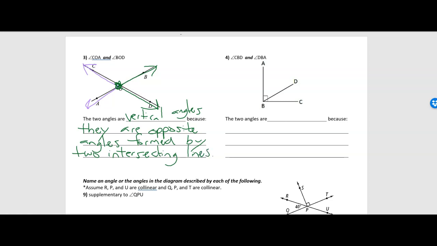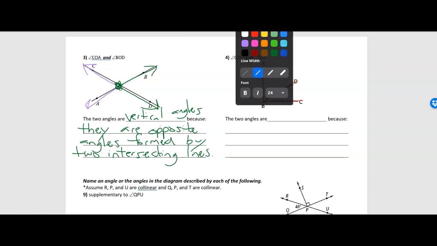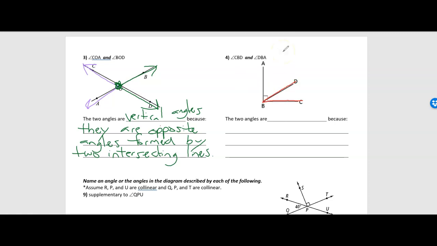On to number 4, we have angle CBD, and we have angle DBA. So there's a couple different ways you could go here. You could talk about the measurements of these angles, right? We know that both of these angles add to 90, so we could say that they're complementary.